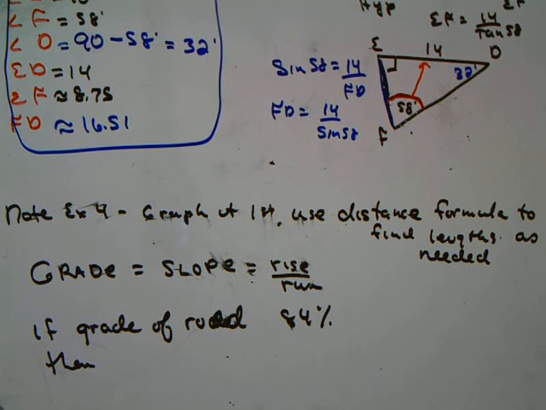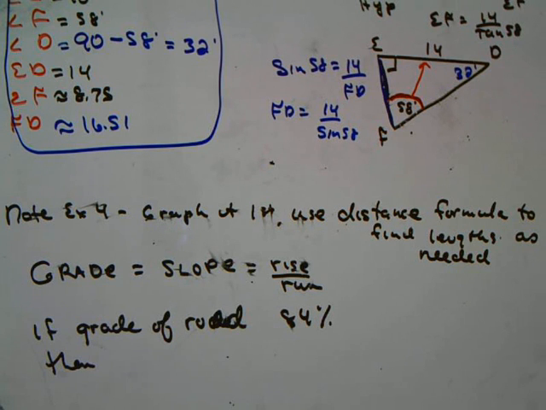Then you can use trigonometry, the inverse tangent, inverse sine, or inverse cosine, to find your angle measures. Just find one that way, find the other by subtracting from 90, and you're good. Easy enough to do. That would be example 4.